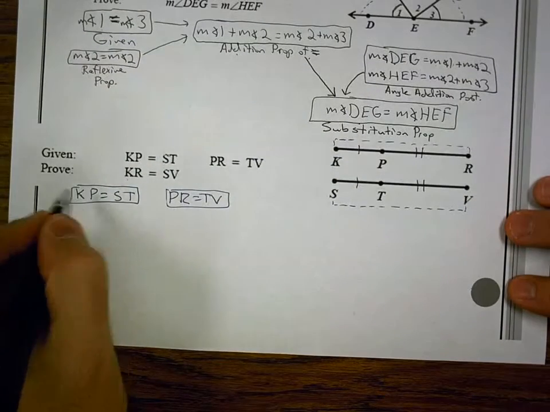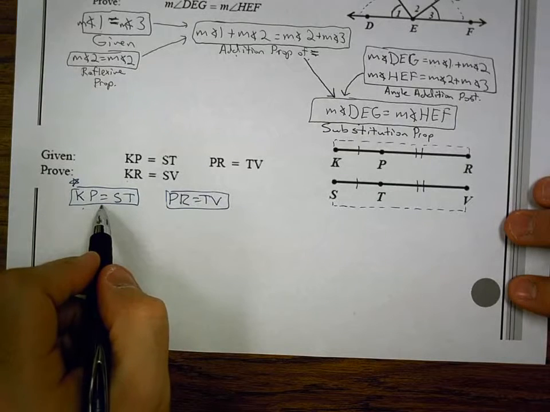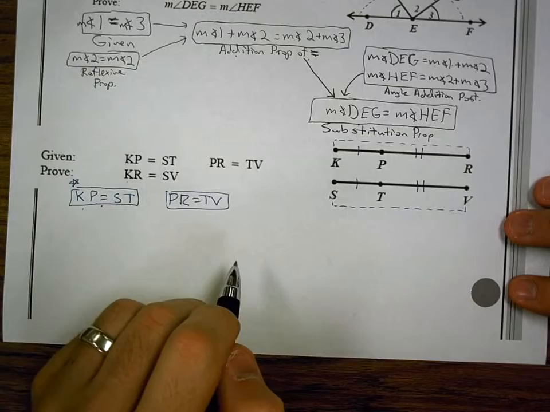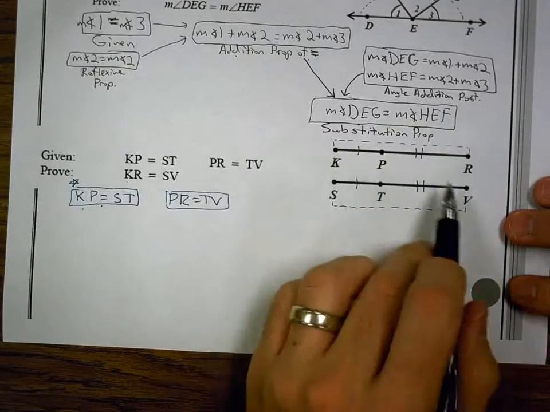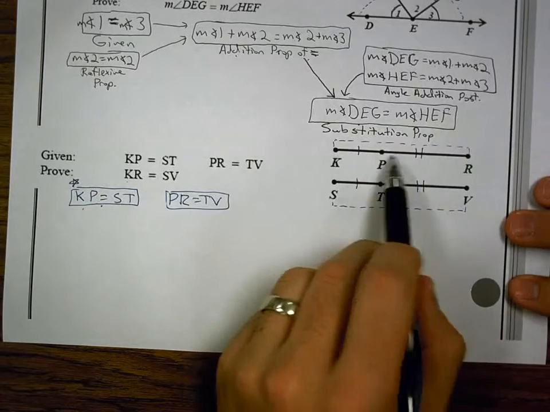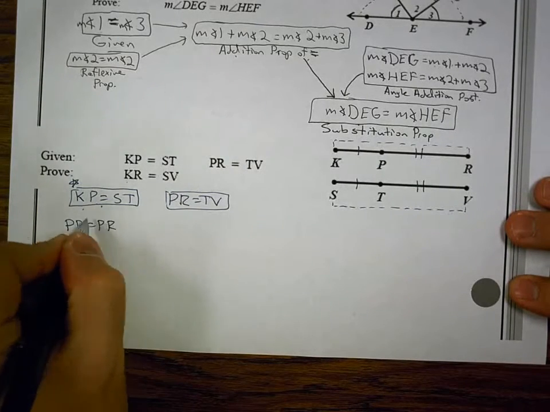So what I'm going to do first is focus on this one. KP equals ST. Now, I need to add something to both sides because I want to build it up so I have the whole thing. I don't know yet what to add, so I'm just going to say PR equals PR.